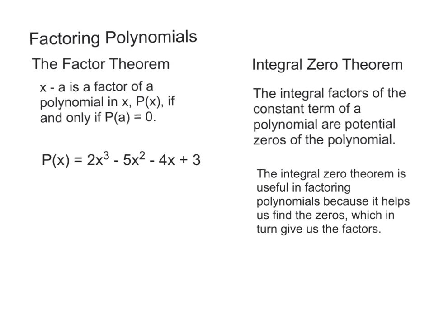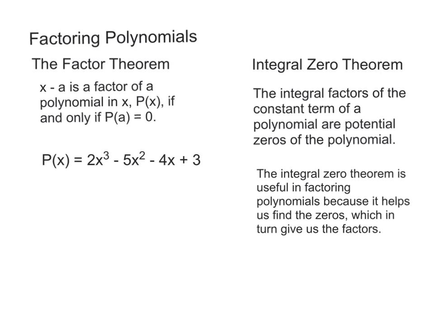Well, if the remainder is 0, then it means that that binomial was a factor, which makes sense, right? A factor is something that divides in evenly. So if there's no remainder, then it's a factor. So if p of a equals 0, then x minus a is a factor.